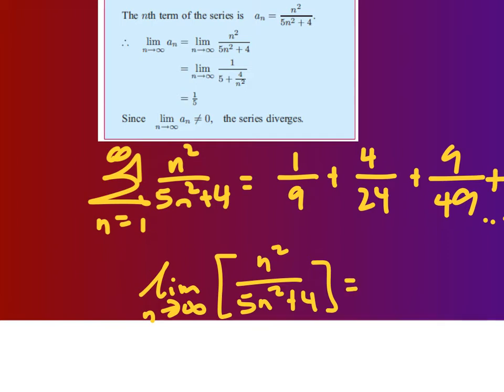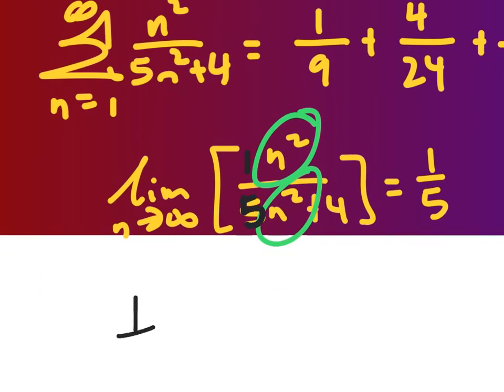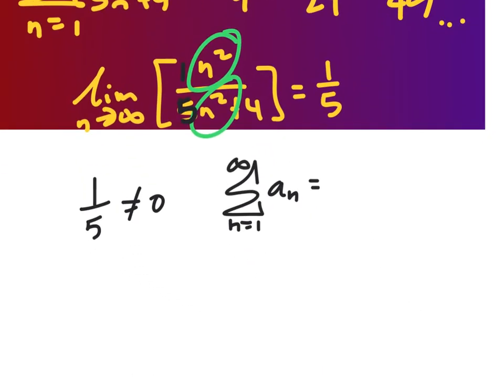Well, using what we know, we have n squared here and here, so I'm going to take the coefficients, which were 1 and 5, and divide them. So the limit of that sequence is 1/5. Because this limit is not equal to 0, because 1/5 is not equal to 0, the series from n equals 1 to infinity of that sequence is going to be divergent.